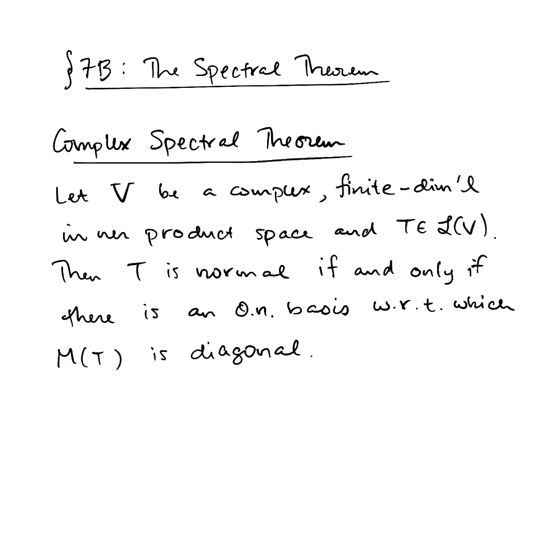It's the normal operators that guarantee us that orthonormal basis of eigenvectors. Anyway, it's if and only if, so the proof is in two directions, and the reverse direction is actually a little bit easier. So I think I remember earlier today writing this out that we started with the reverse direction.